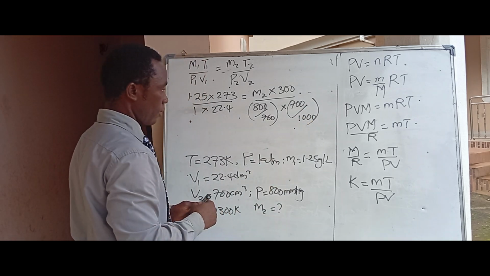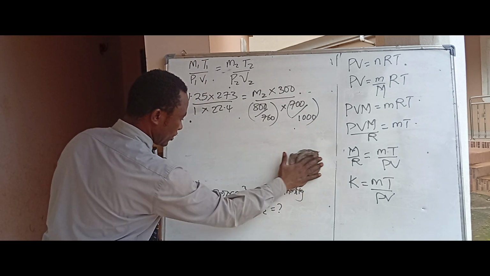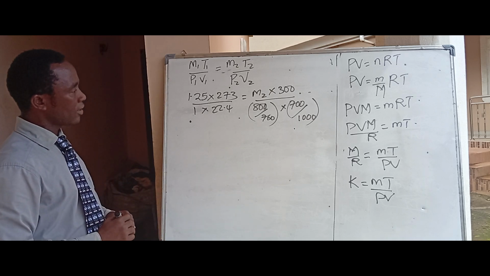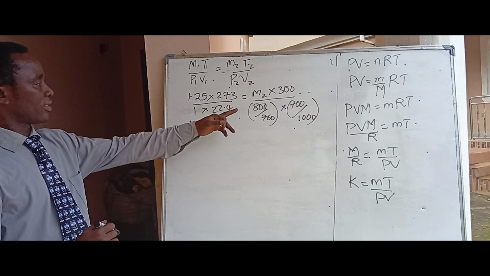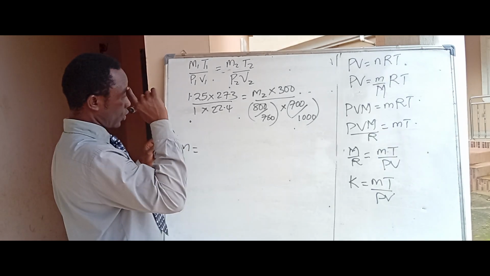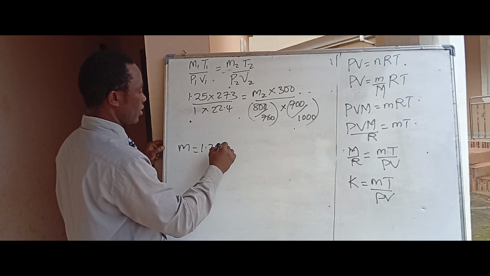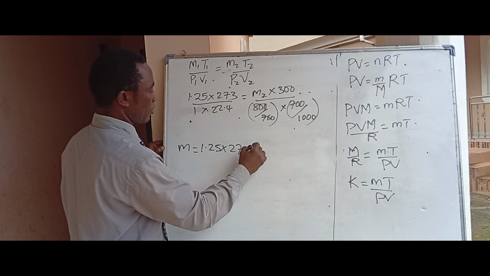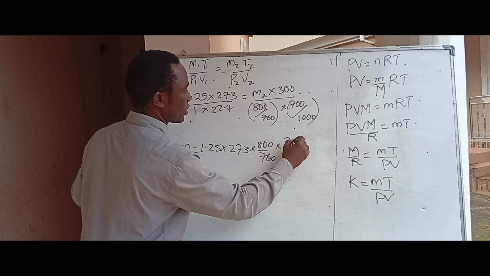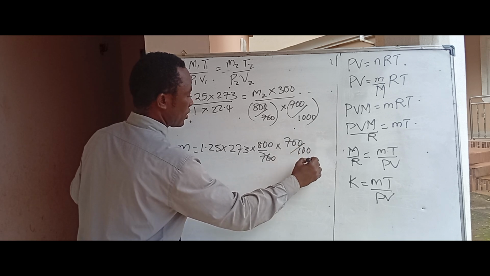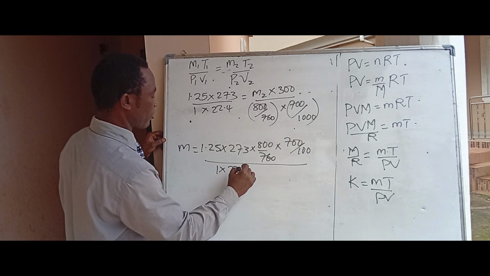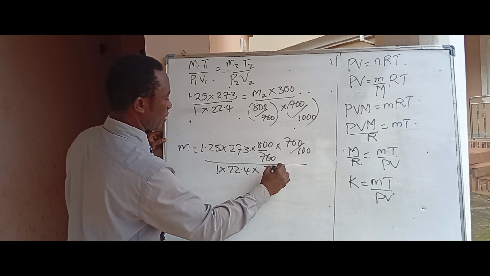Having taken this, we can make the mass the subject of the formula. The mass now becomes equal to 1.25 times 273 multiplied by 800 over 760 multiplied by 700 over 1000, everything divided by 1 times 22.4 multiplied by 300.